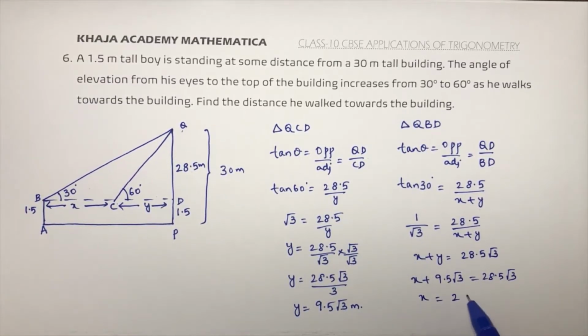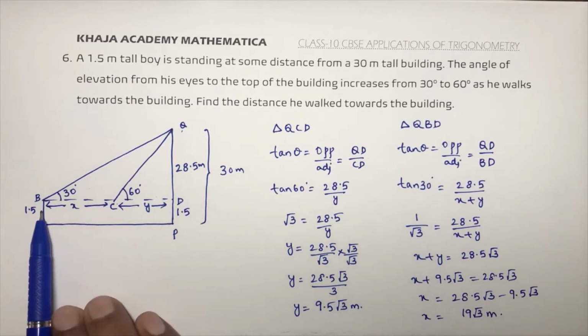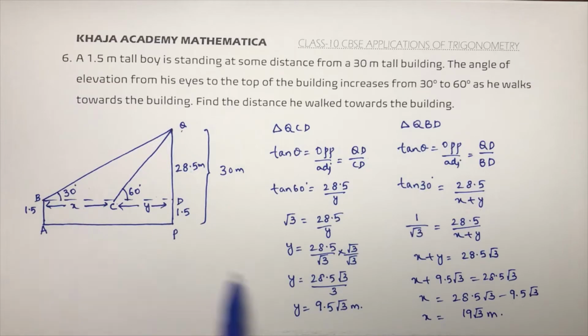So x equals, on transposing, 28.5 root 3 minus 9.5 root 3. So x equals 19 root 3 meters. So the distance the boy walked was 19 root 3 meters.